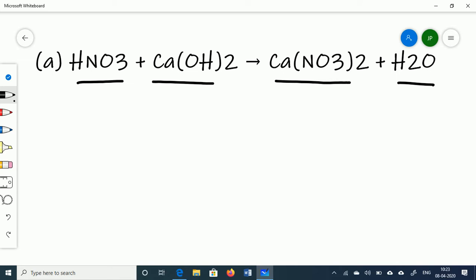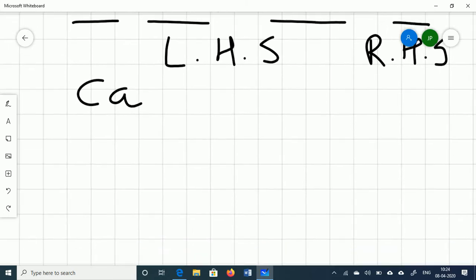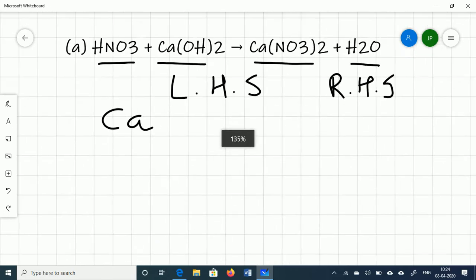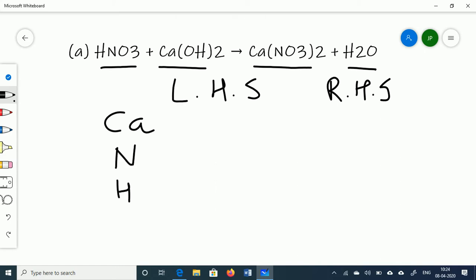Suppose I talk about the LHS and RHS. Here a total of 4 elements are there: calcium, nitrogen, hydrogen and oxygen.